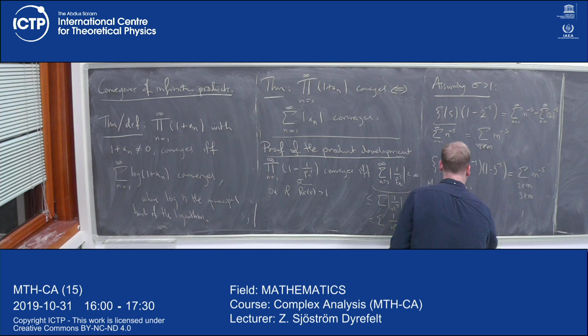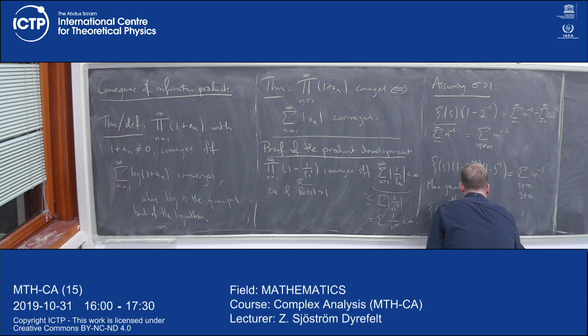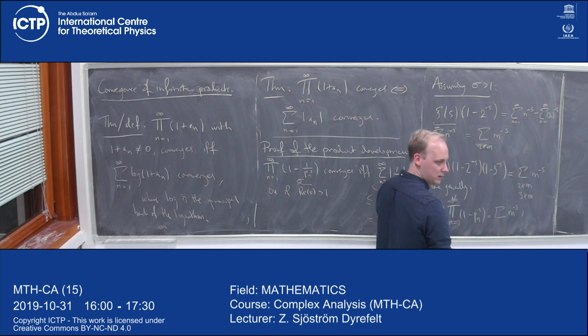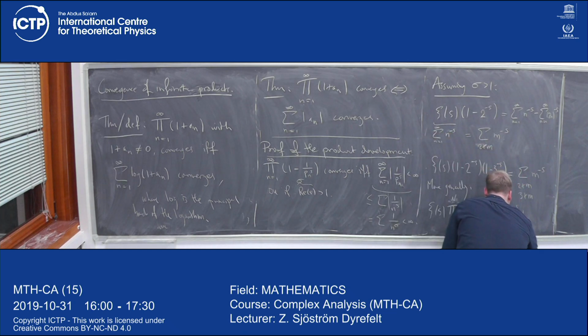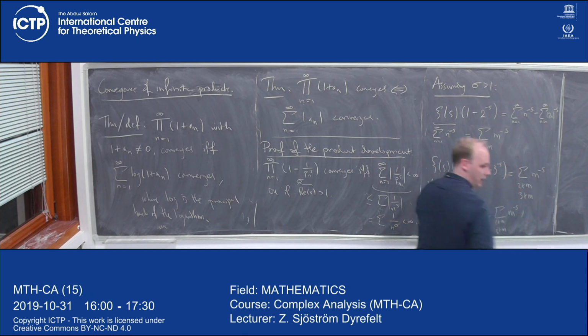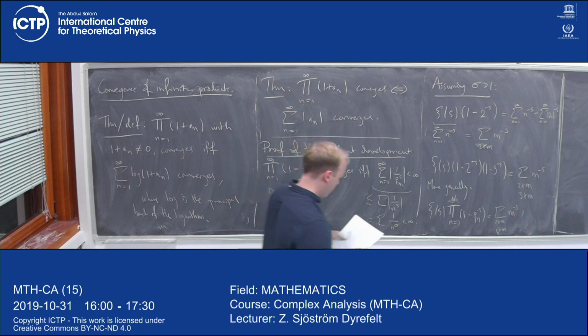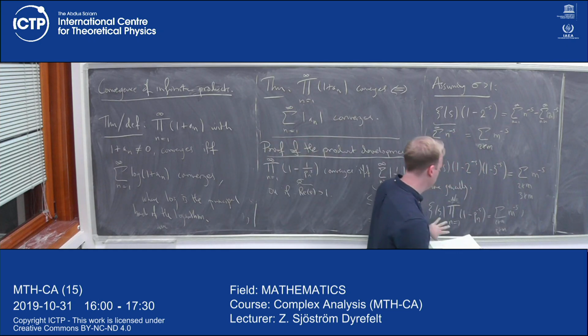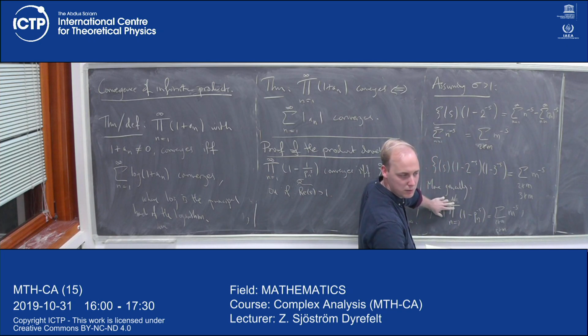you have that if I take this times some partial product of 1 minus Pn to the minus s, then you see that this is equal to the sum of m to the minus s, where 2 does not divide m, etc., and Pn does not divide m. Okay? And what is the limit of this as big N tends to plus infinity?